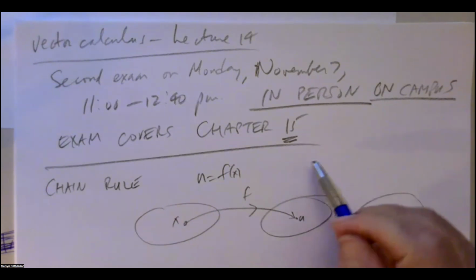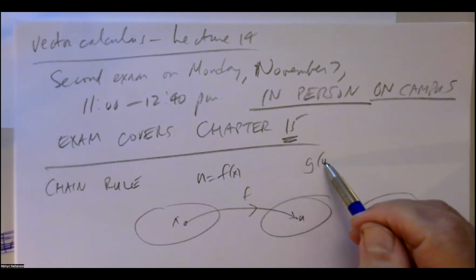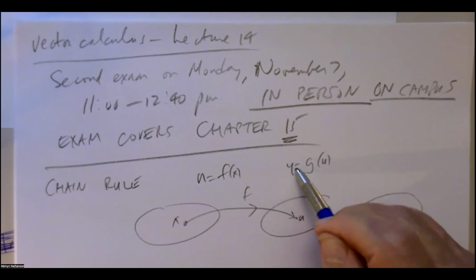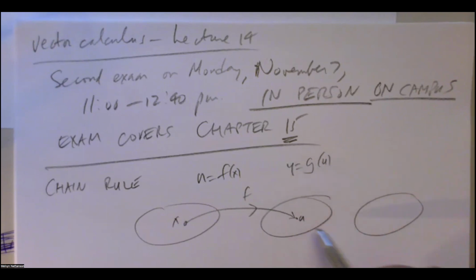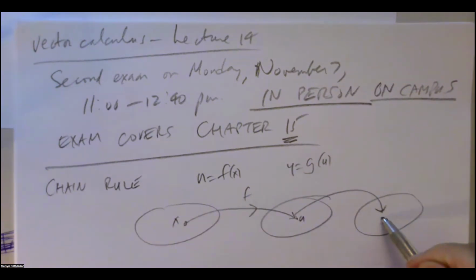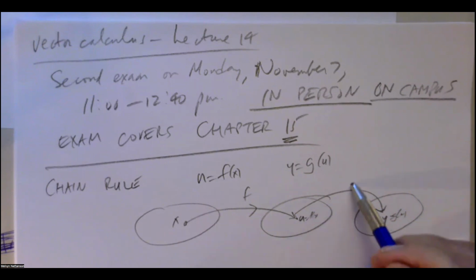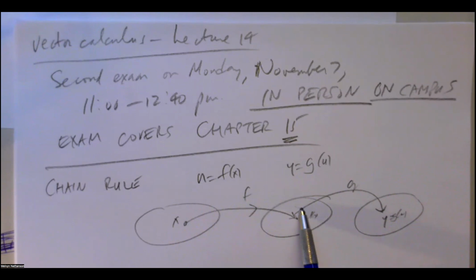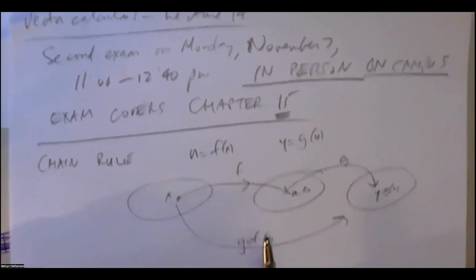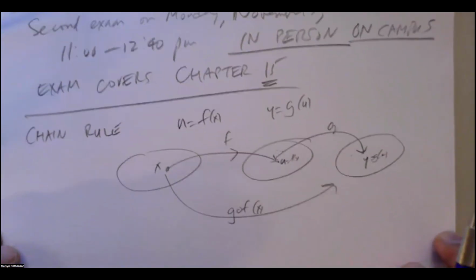But then we have another function g, which is a function of u, and y is some function g of u. So given a number u, the function g gives you this number y, which is g of u. U is f of x. And if you compose these two functions, if you take a number x, apply first f and then g, you have this composite function, g composed with f of x. All right. This is a composite function.